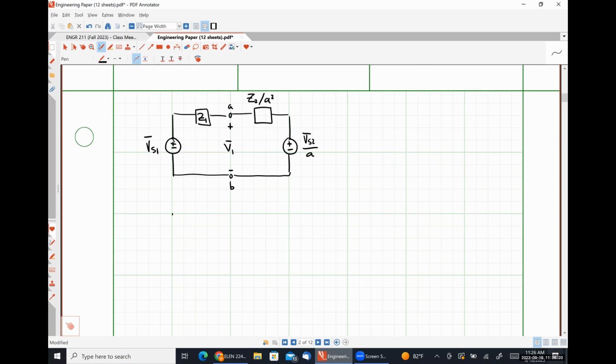So we would have VS1, sorry, times A in series with an impedance Z1 times A squared. This would be terminal C. This would be terminal D. And then everything that was connected to the secondary is going to be left alone.